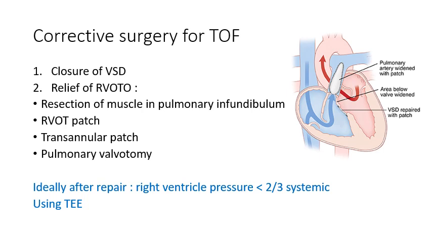After the repair, check for the residual VSD and degree of residual RVOT obstruction using transesophageal echo and direct measurement of the pressure across the RVOT. Ideally, right ventricular pressure should be less than 2/3 of the systemic pressure.